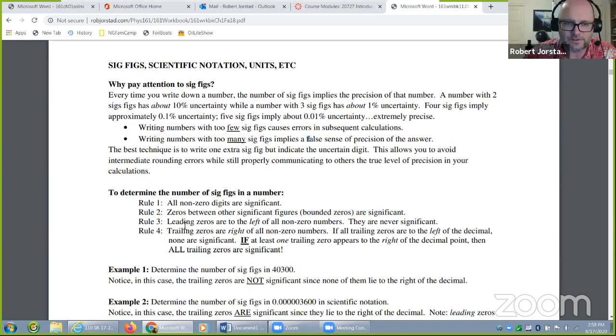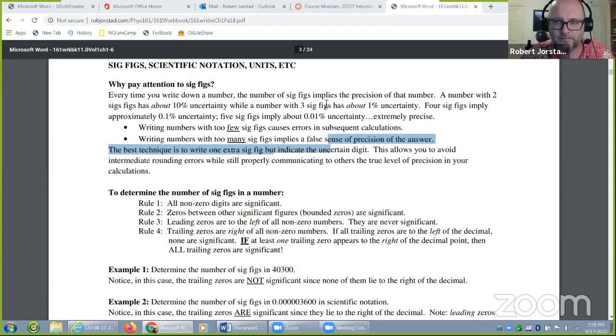Here are the rules. And this is page 1 of the workbook. Now, the main rule that people have trouble with is this one. So I'll go through these first 3 quickly, and then we'll focus on this one. 3, 4, 5, they're significant. Anything non-zero. If there's a 0 between 2 significant numbers, they're also significant.